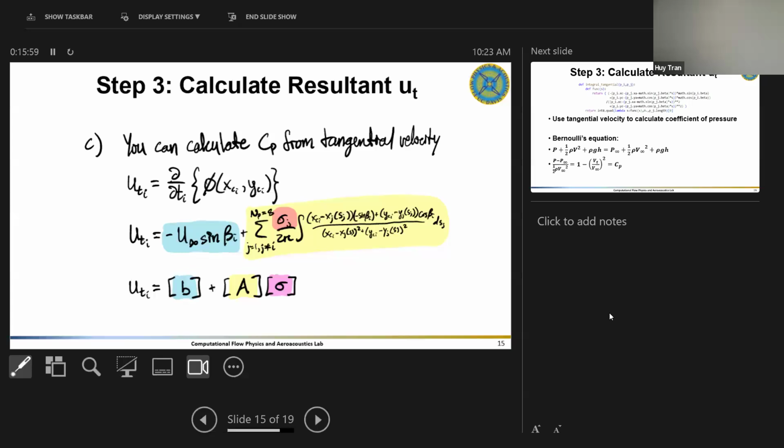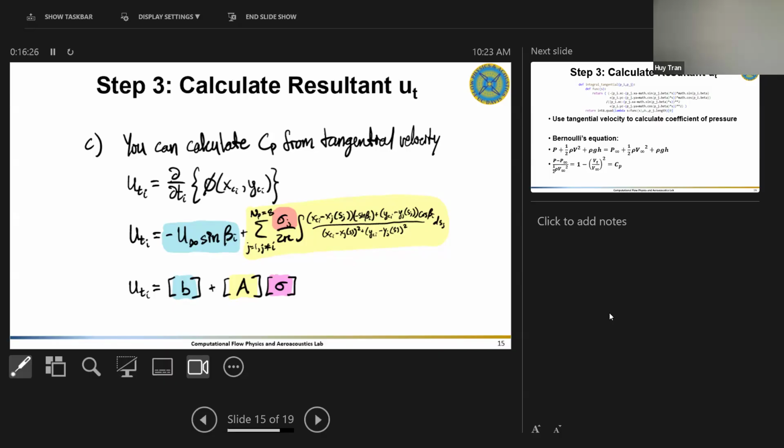And when you do so, you obtain a new expression here. It's mostly similar, to be honest, with the exception of a few things. There are some sign changes in the integral. That's one of the biggest changes. But the second big change is that there was a sigma i over 2 term that was really insistent earlier. Remember that? We don't consider the influence of the source itself now when it comes to calculating tangential velocity.